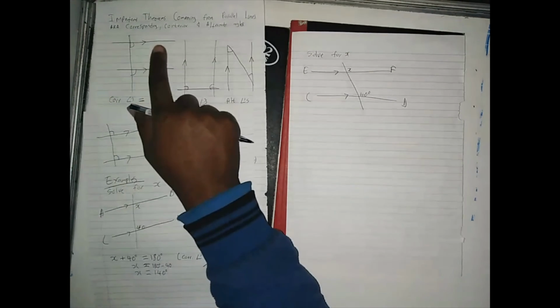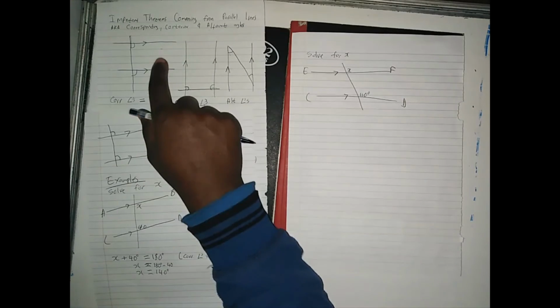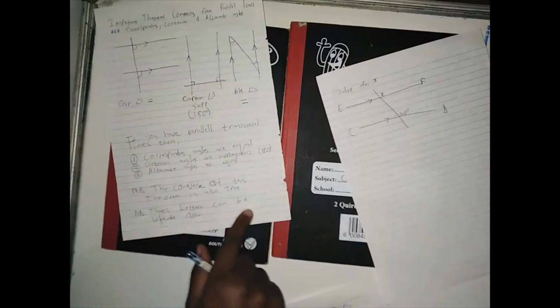And then when you look at 110 degrees and this x, can you see? It is in the F, but the F that is upside down. You remember what I said here is that this F can be upside down. These letters can be upside down.